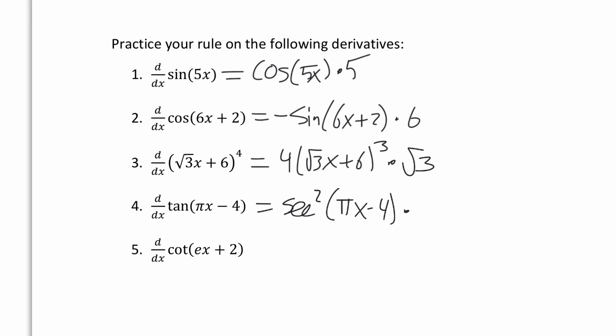And the derivative of that inside portion is actually pi. Finally, for the last one, we get negative cosecant squared of ex plus 2. And the derivative of that is just the letter e. Again, those are constants. They're not really functions because there's not any x. It's not e to the x, it's just e times x. So in this case, the e is kind of representing just the number like 2.71 in front of the x.